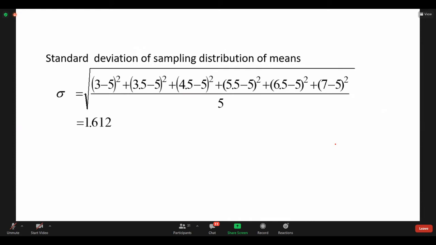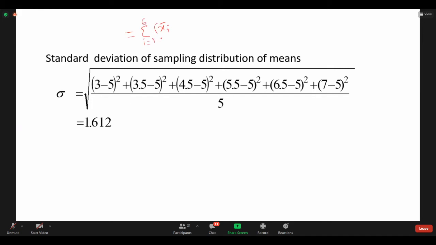Now we have to use that formula. Already we know the mean of the sampling distribution of means. All of you use that formula. Here, how many values are there? Total 6.